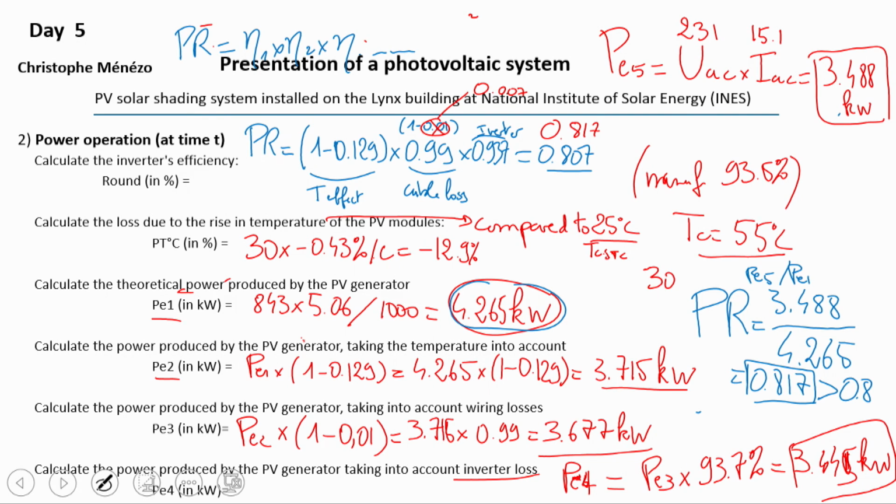To find the exact value, and that will give me an estimation of the exact loss due to cable. It's a way also to analyze that. Is it clear? Okay. So it is the performance ratio.